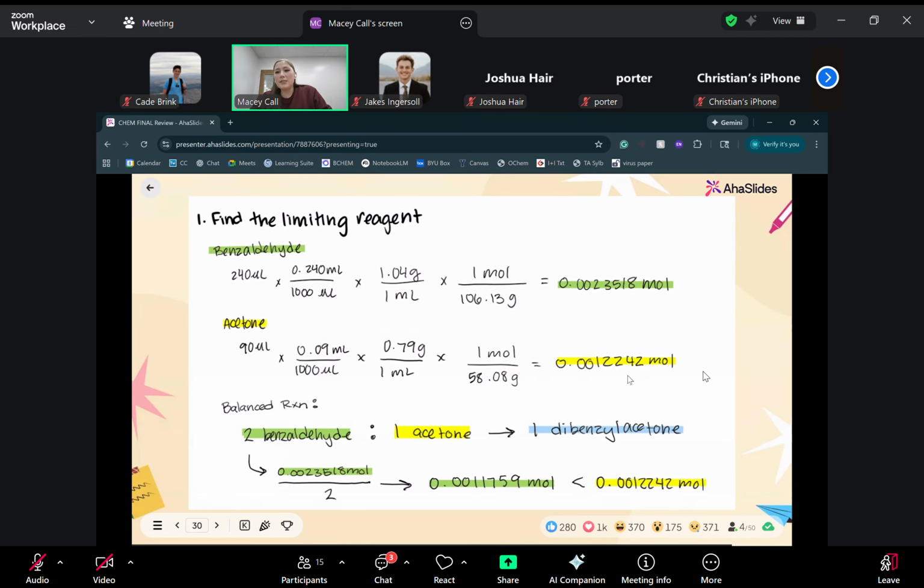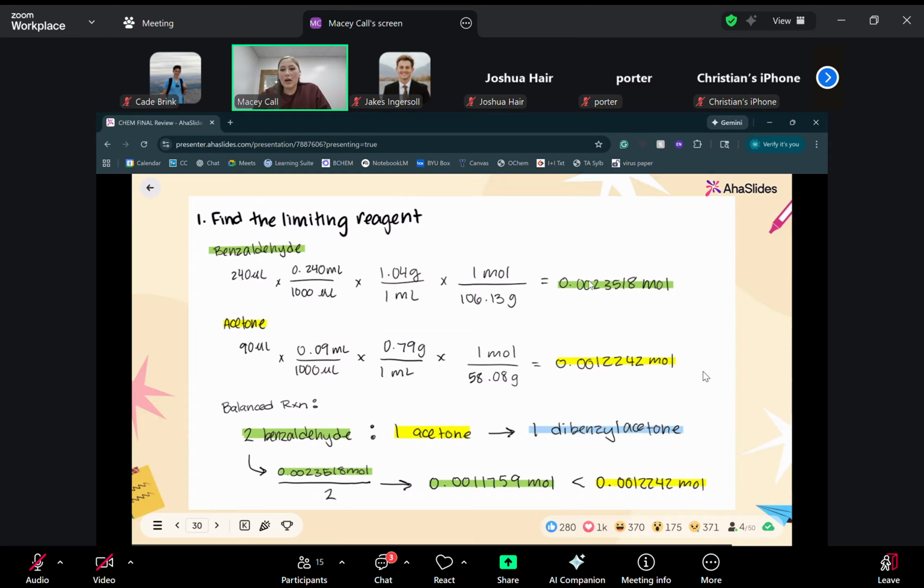So it'd be really easy to look right here and be like, oh, acetone is my limiting reagent because it is a smaller number than benzaldehyde. You would be wrong, and it really sucks, but you would be because we need to balance it, right? So we have to remember the ratios. And so my benzaldehyde, I use 2 moles of for every 1 mole of acetone.